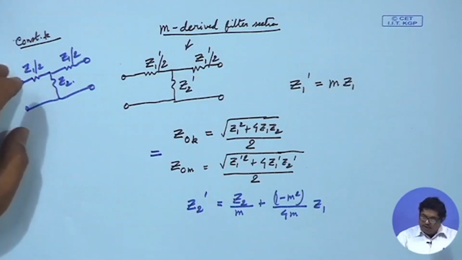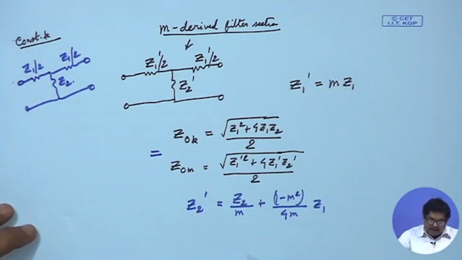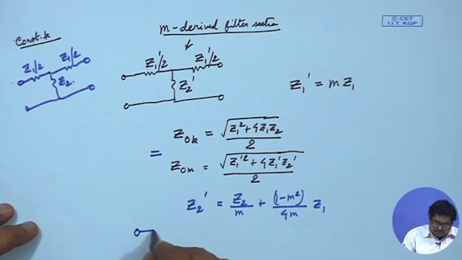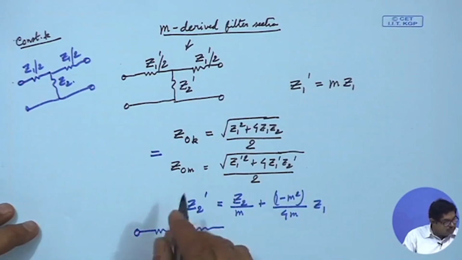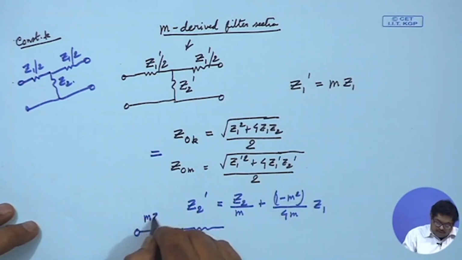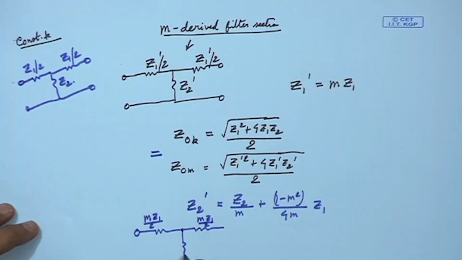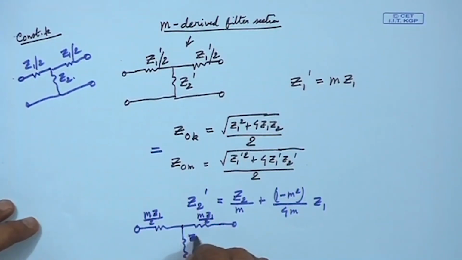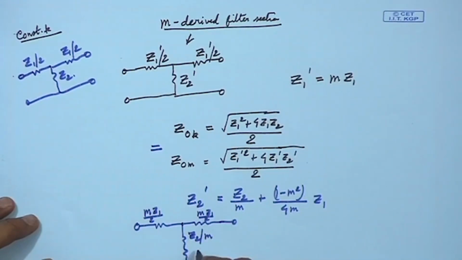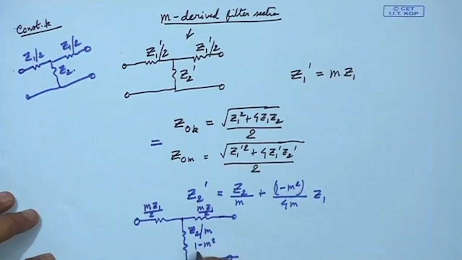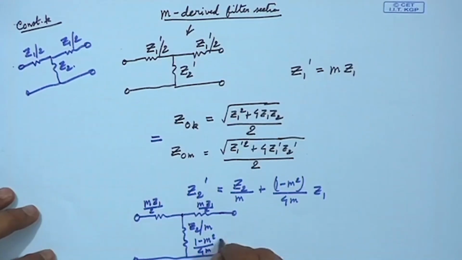So, the new m-derived section I can draw as follows: this will be Z2 by m, and this will be (1 minus m square) by 4 m Z1.